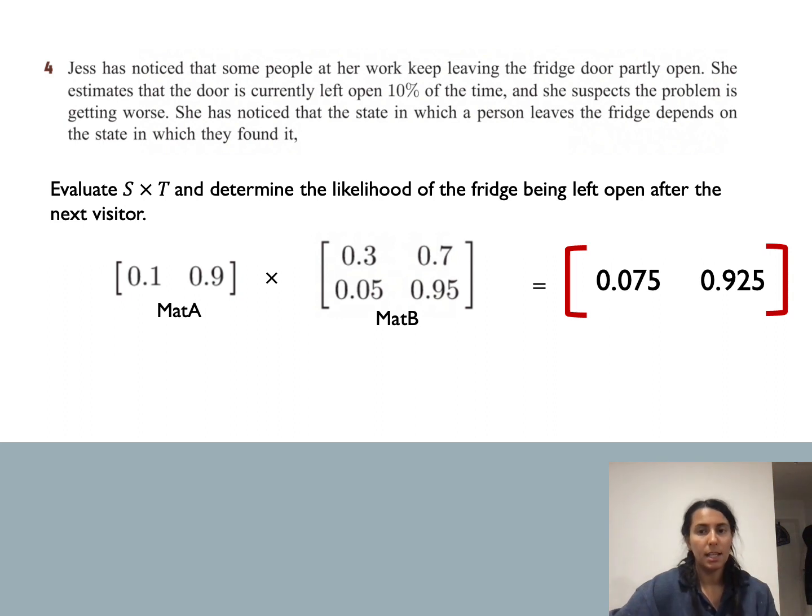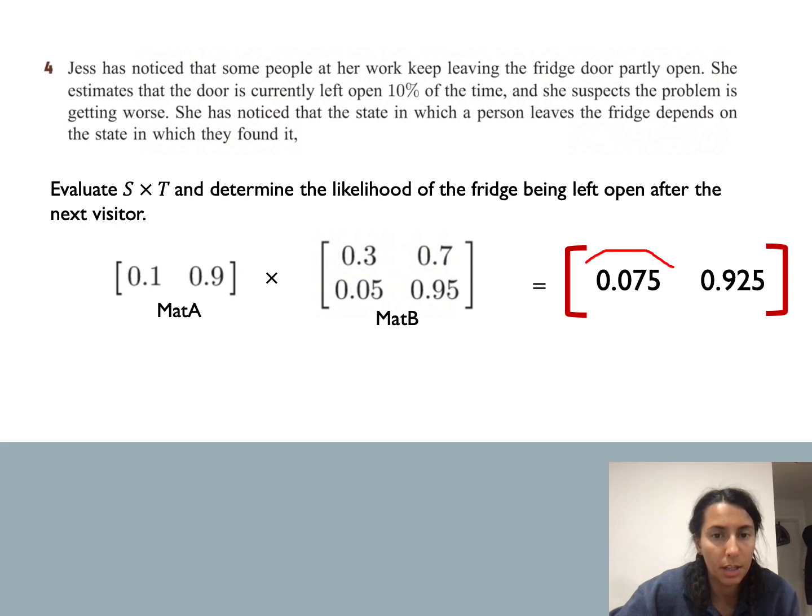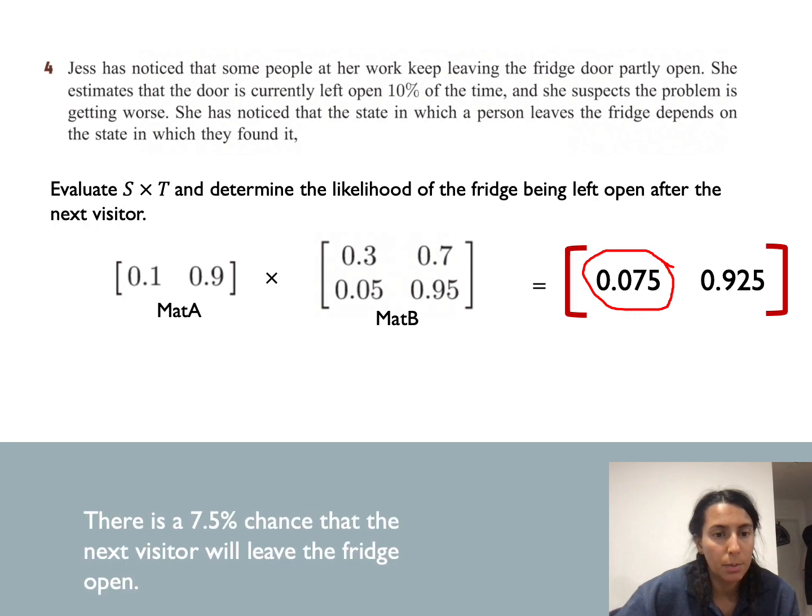So this is my answer, and if I want to interpret this, I want to know the likelihood of it being left open, so I'm really looking at this bit of information here. I want to change it back to a percentage, so there's a 7.5% chance that the next visitor will leave the fridge open.